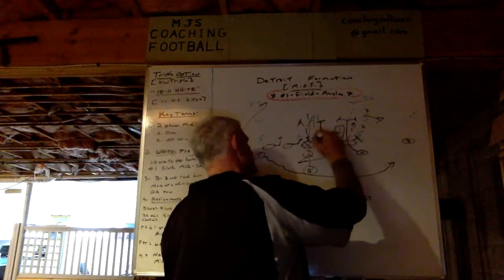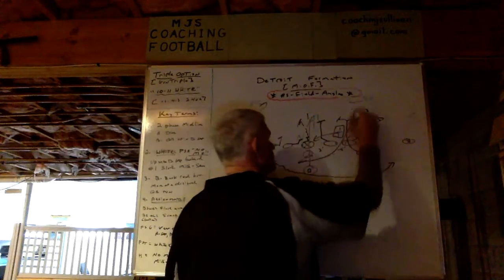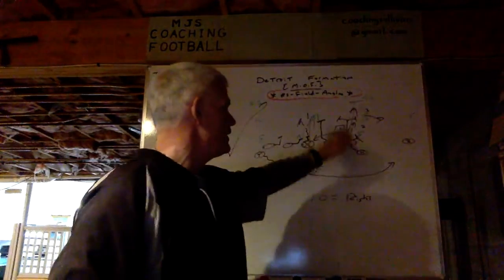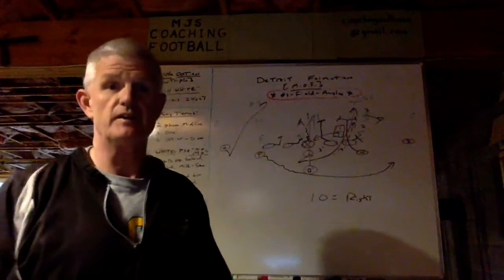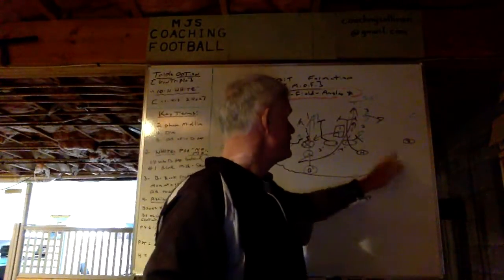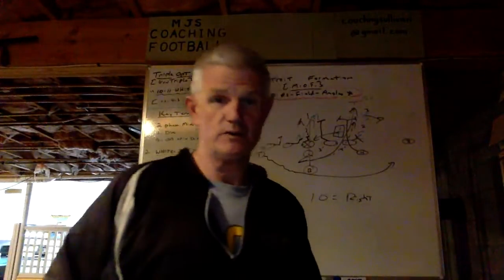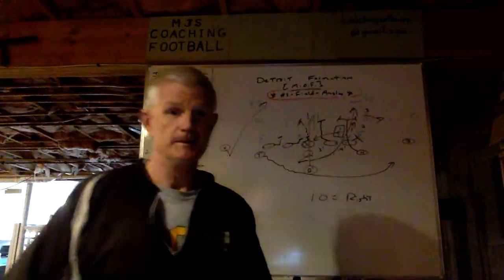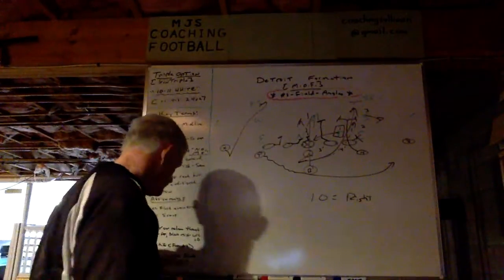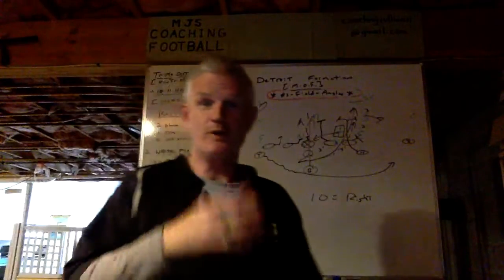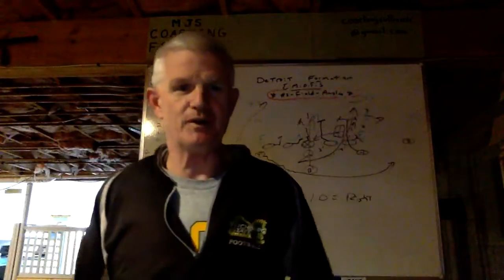If he gets a hard look there, now it becomes that design quarterback run. It's an ISO play. Yes, it is. And the pitchback does his job. Number 3 has to respect it. He's got pitch. Or at least he should have pitch. The way we number it, he's got pitch.